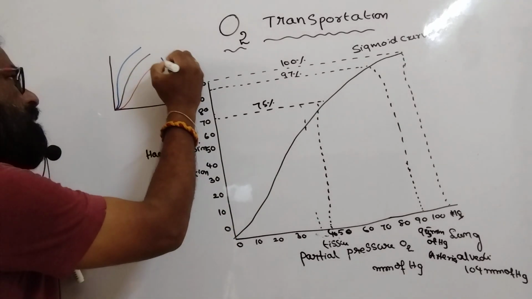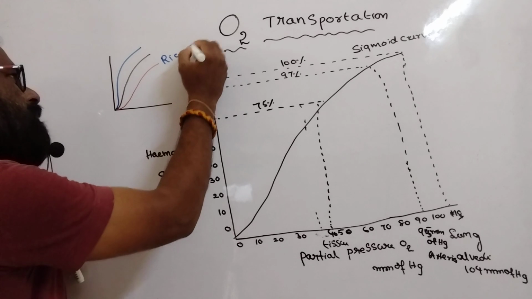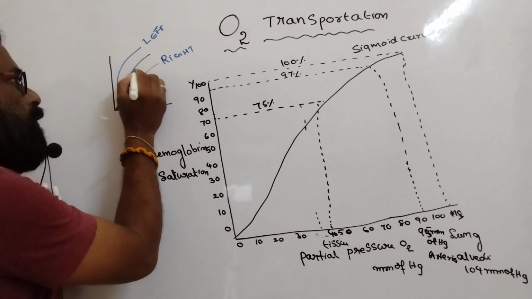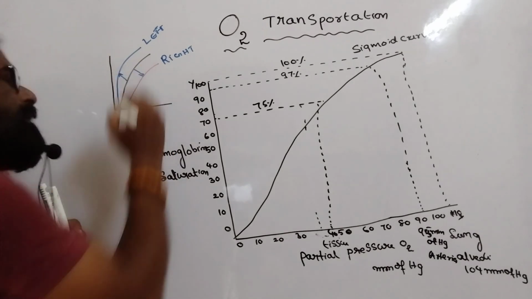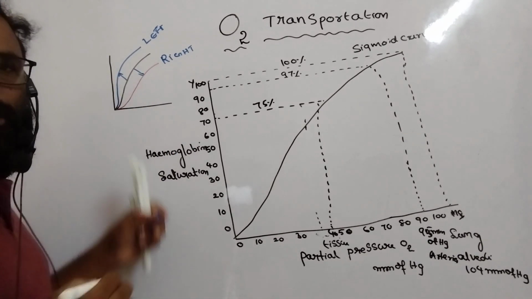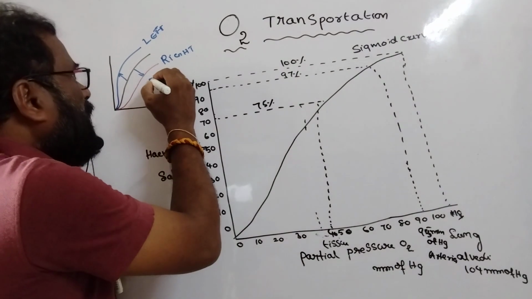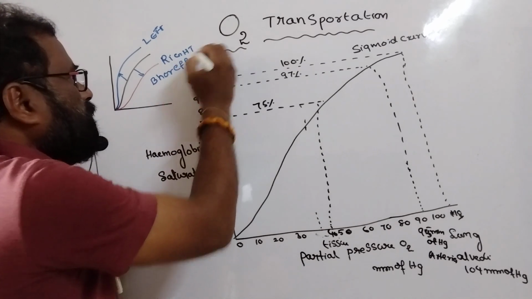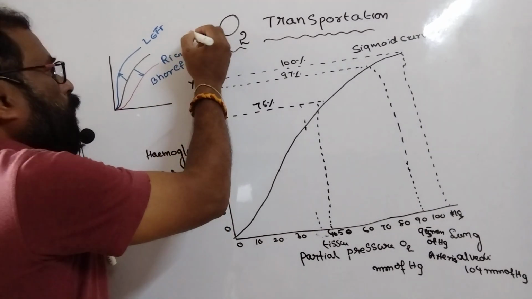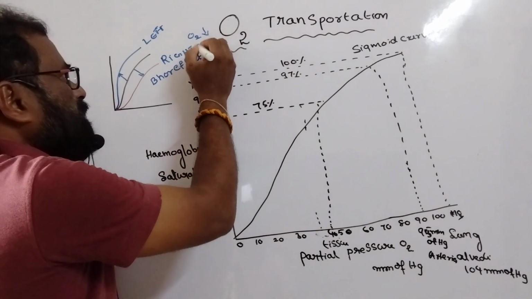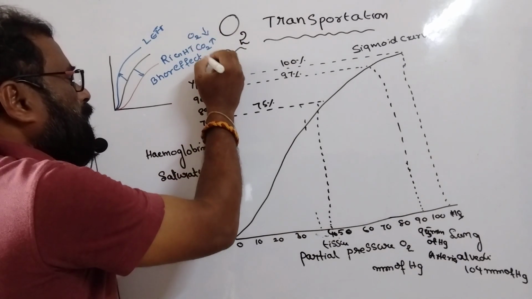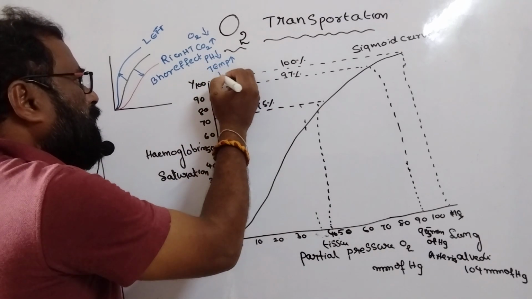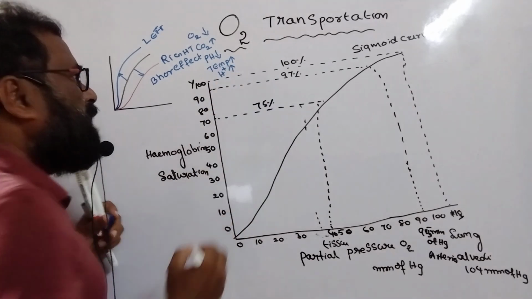It deviates towards the right or towards the left. If it deviates toward the right, it is the Bohr effect. That means O2 levels are less, CO2 levels are more, pH is less, temperature is more, and H plus ion concentration is more.